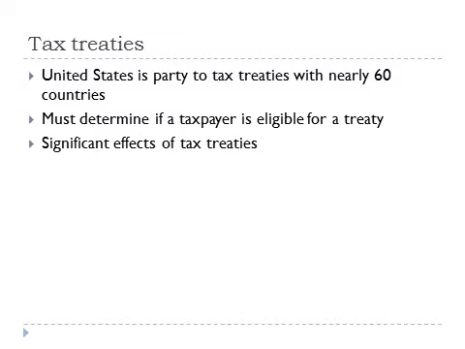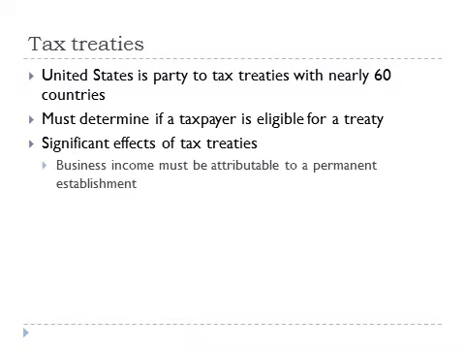Finally, we have to determine how the particular tax treaty applies to a particular transaction. All treaties have differences, some minor and some major. The most significant effects of tax treaties are as follows. Business income must be attributable to a permanent establishment in the United States before it is taxable.